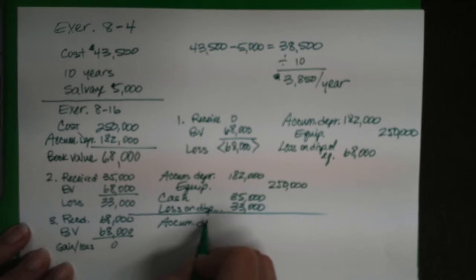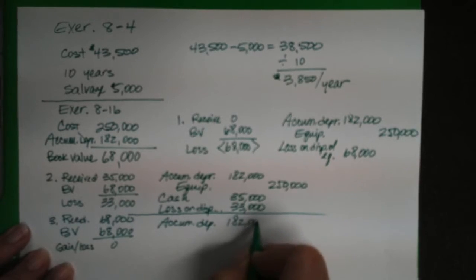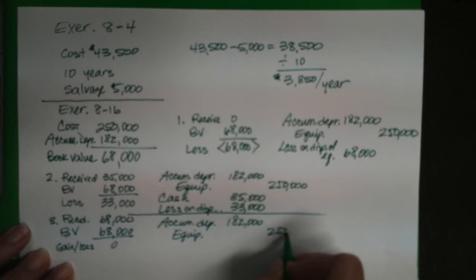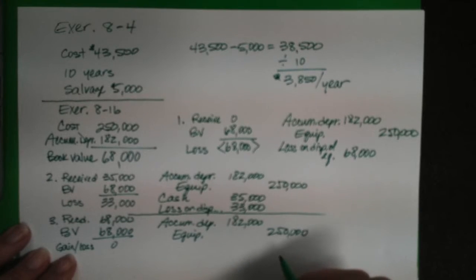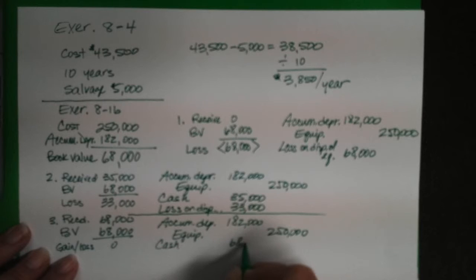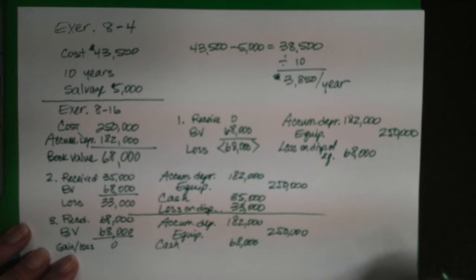Accumulated depreciation, $182,000. Get the equipment off the books, $250,000. Take in cash of the $68,000, and see, this entry balances. This entry balances, so there's no gain or loss to record.